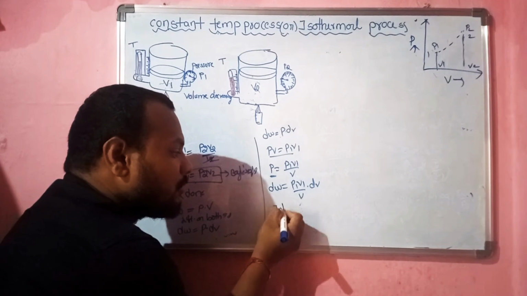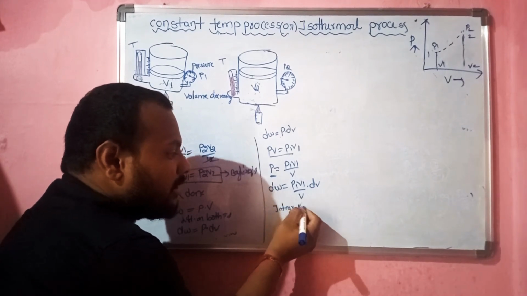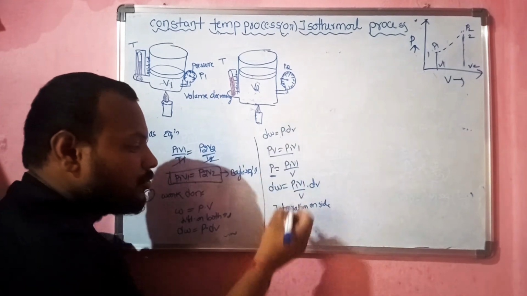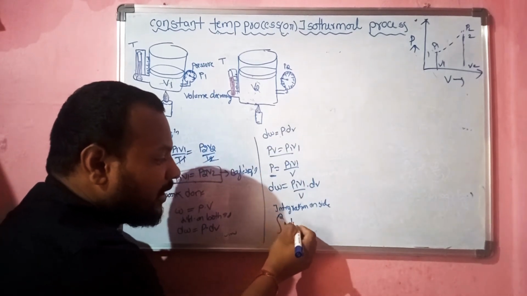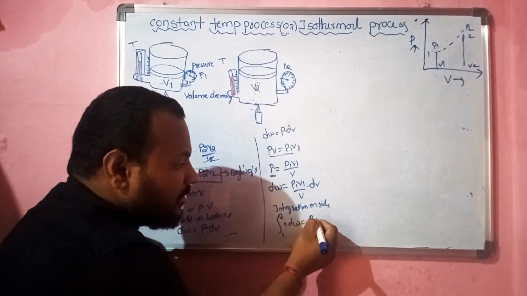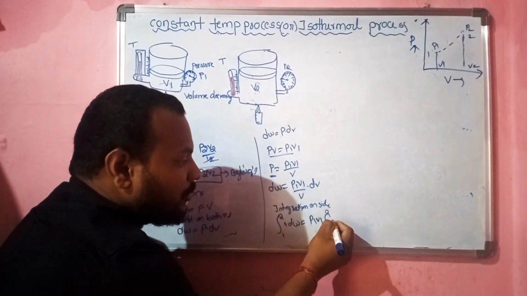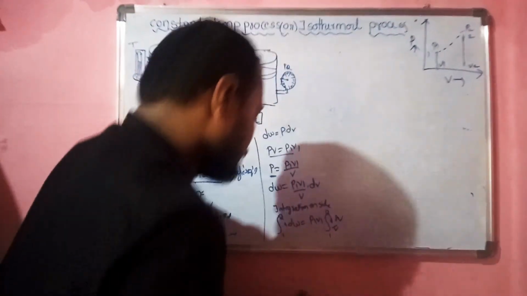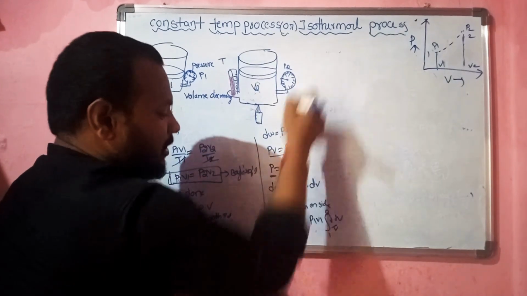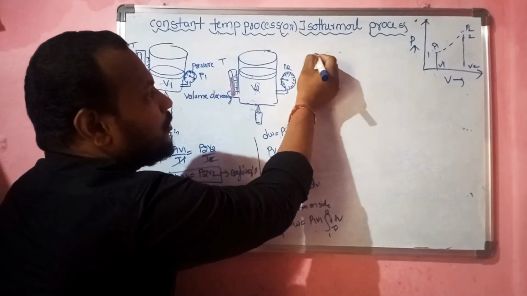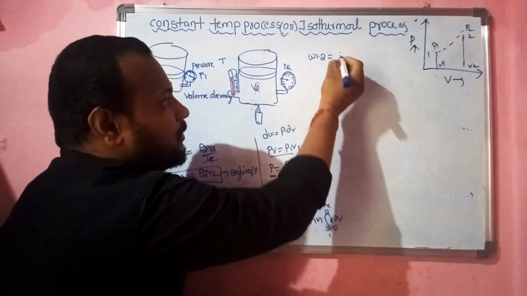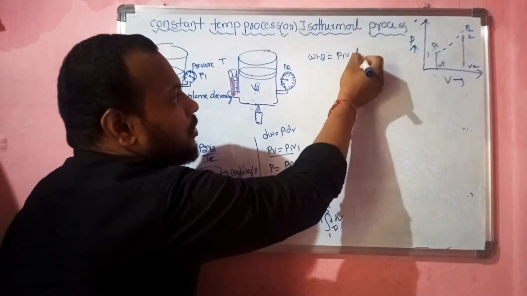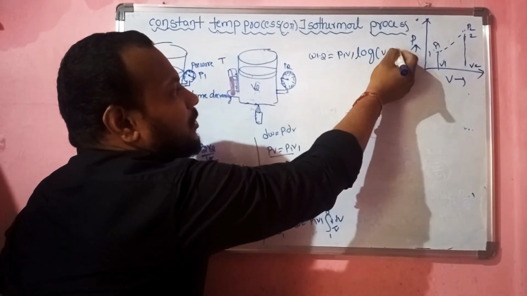Now integrate on both sides, from state 1 to state 2. The integral of dW gives W 1 to 2, equal to P1 V1 times the integral from 1 to 2 of 1 by V dV. The integral of 1 by V is log V from 1 to 2.